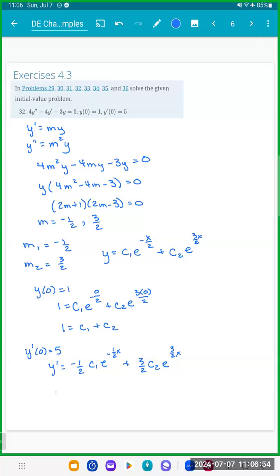Okay, subbing in what we have, we know that y prime is 5, so negative 1/2 C1 e to the negative 0 over 2 plus 3/2 C2 e to the 3 times 0 over 2. And so that's going to give us that negative 1/2 C1 plus 3/2 C2 is equal to 5.